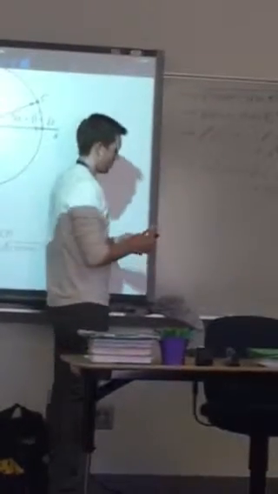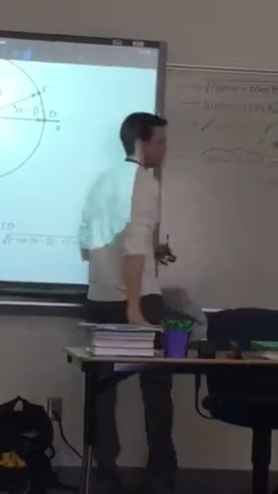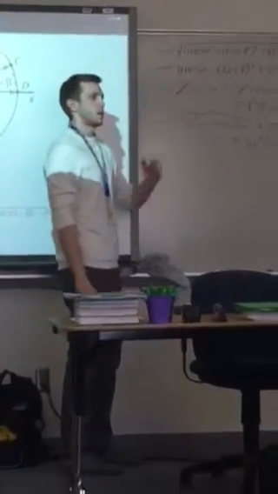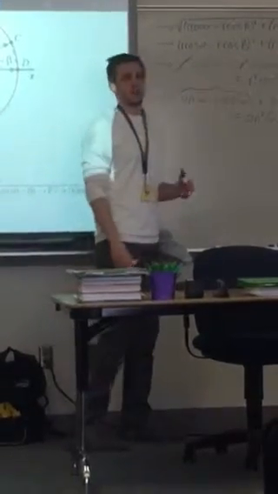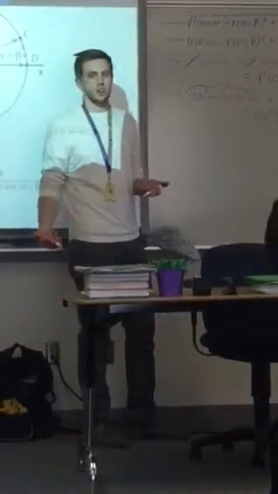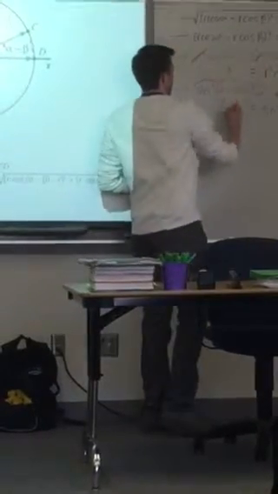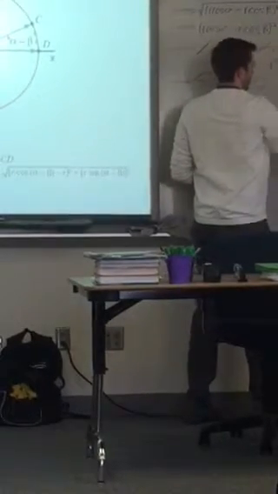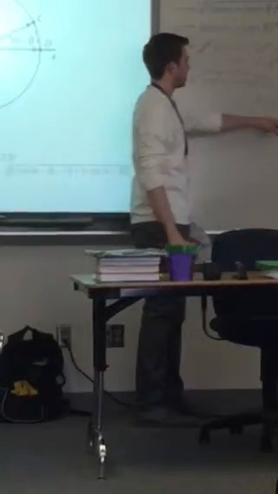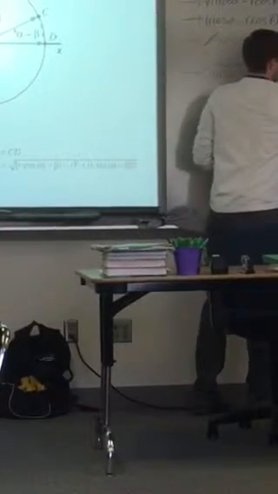This is the fun part. What does this equal? 1. It's our Pythagorean identity. There's an alpha instead of a theta, but the variable you use for theta doesn't matter. Sine squared plus cosine squared, 1. What does this one equal? 1. Down here, what does this equal? 1.